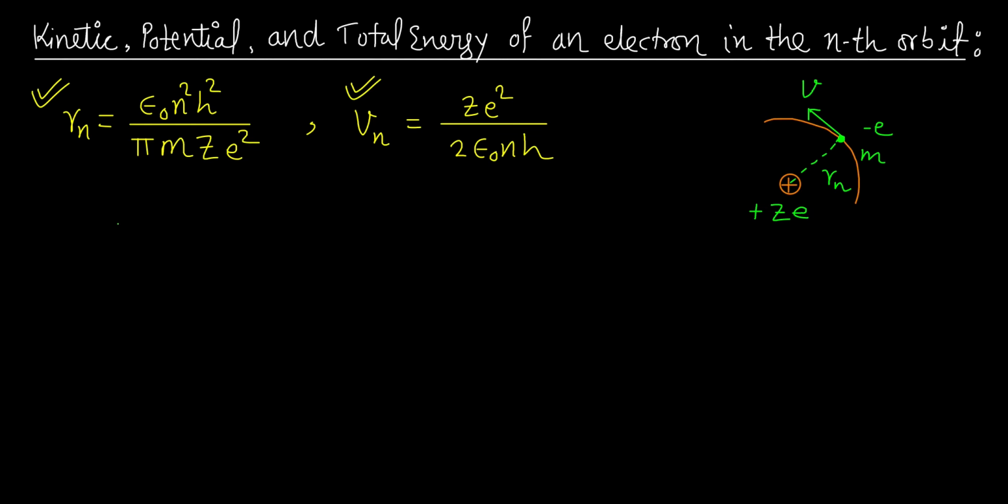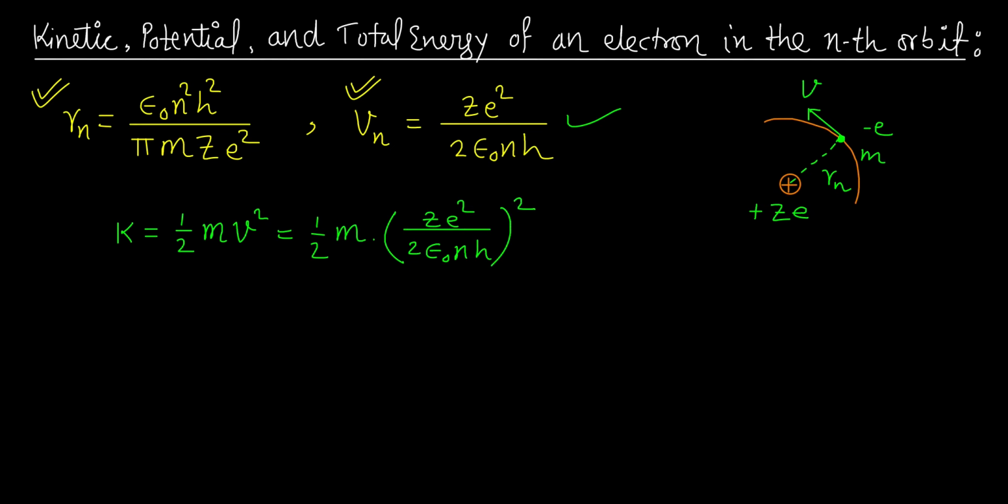Kinetic energy K. As you know, the formula for kinetic energy for a particle of mass m moving with speed v is given by half mv square. So let's put the values here. Half m and v square, speed square. The speed expression I have written here, so I will put this value. This is Z square e square divided by 2 epsilon naught n h, and this whole square.